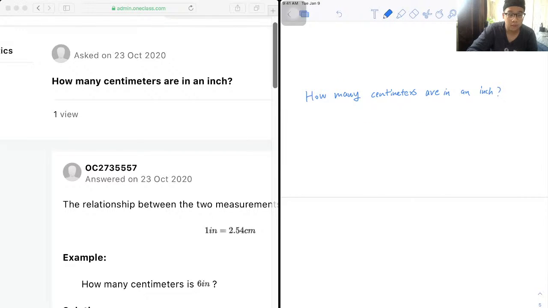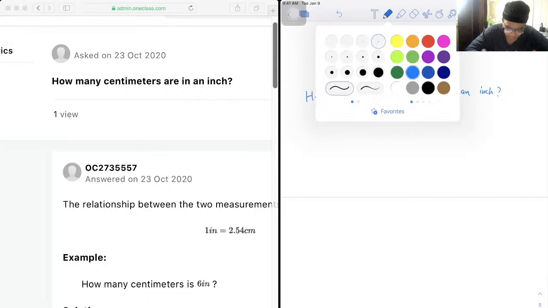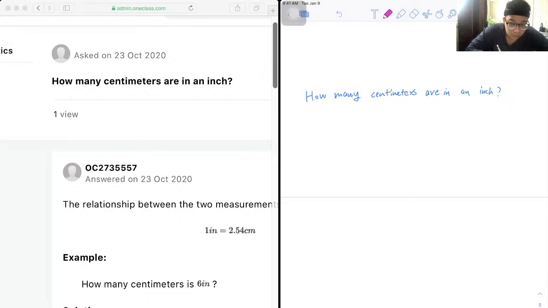So first, let's recall the relationship between the two measurements. So we know 1 inch is equal to 2.54 centimeters, right? So 2.54 centimeters are in an inch.